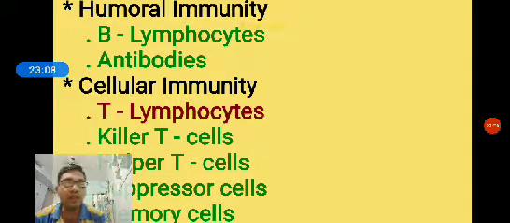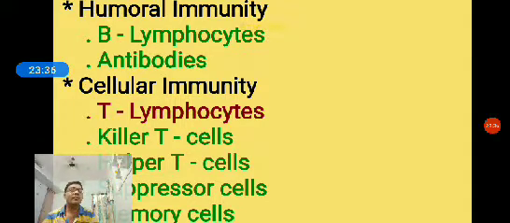The B lymphocytes produce the antibodies. Those antibodies are carried by body fluids like blood and lymph, and move to different parts of the body.